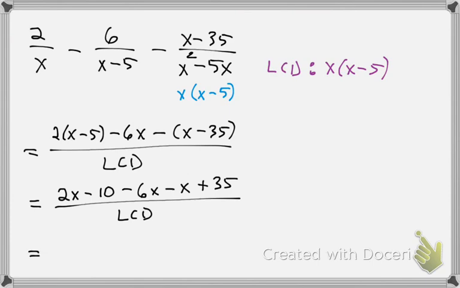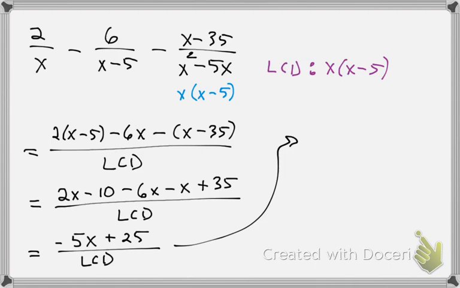Combine like terms, what do you get? Negative 5x plus 25 over the LCD. You guys with me? Did I just make this up? No, we didn't.